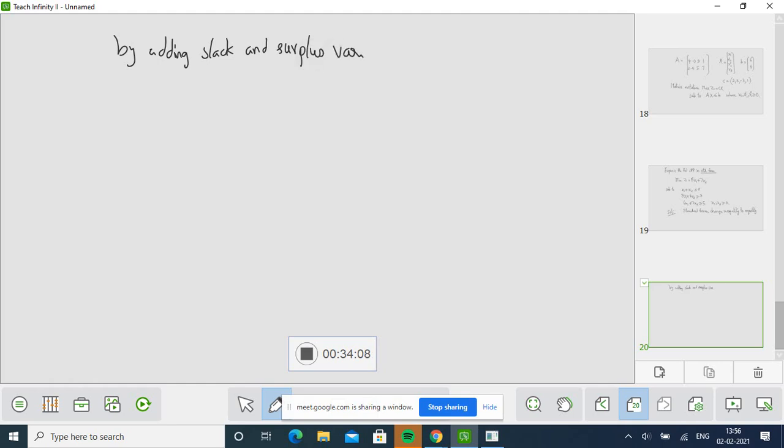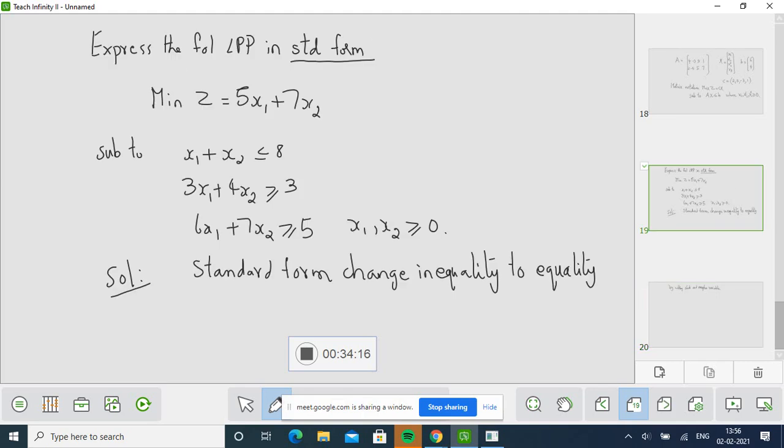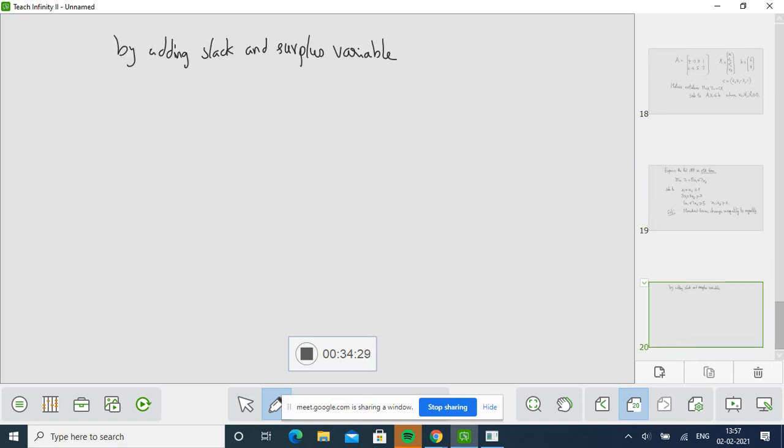Okay. So what are we going to add? Then what more do we have to do in this question? This question is a minimization, so we also change the minimization problem into a maximization problem.